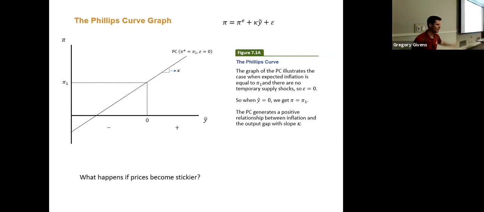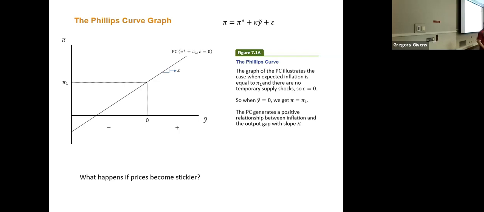Now, let me ask you this follow-up question. What happens if prices suddenly become stickier in this economy? All right. So more of you flexible price firms now find yourself in a situation where you have sticky prices like Levi. What do you think happens to the shape of the Phillips curve in that case? Derek?